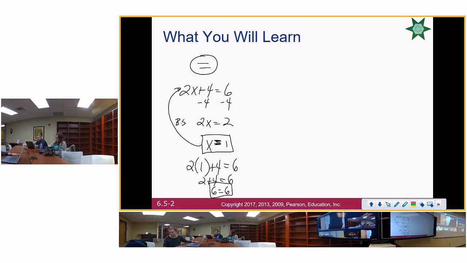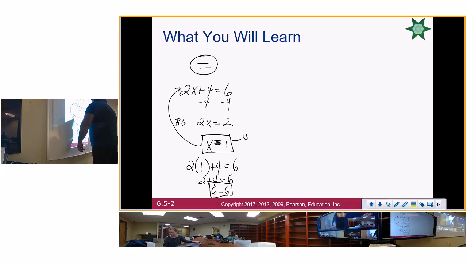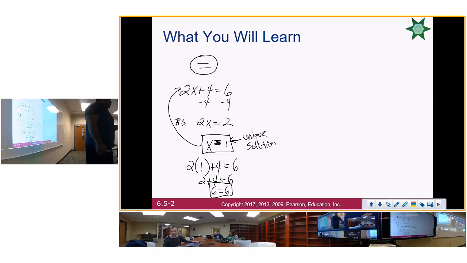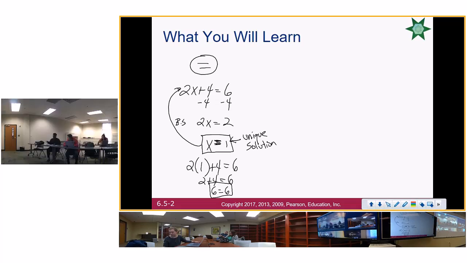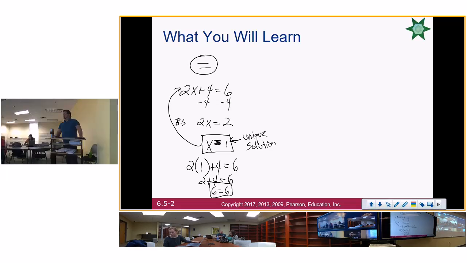So this is what we call a unique solution. Why is it unique? Somebody tell me what unique means. One of a kind.